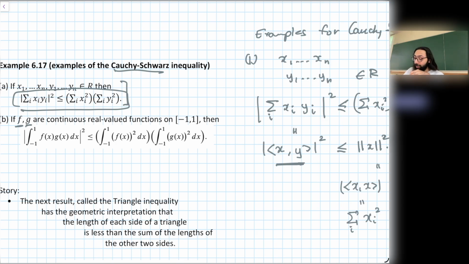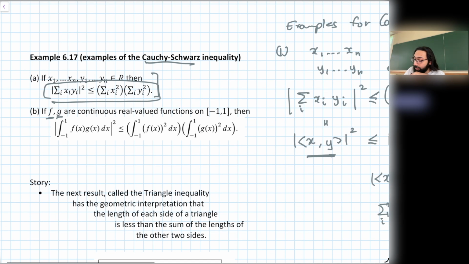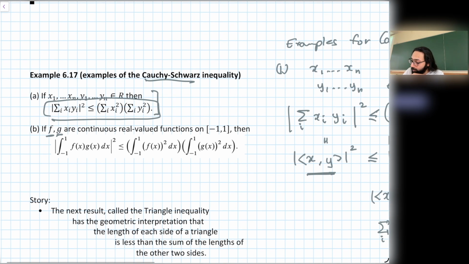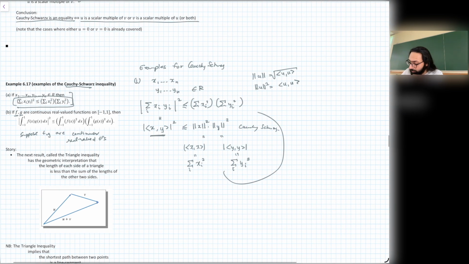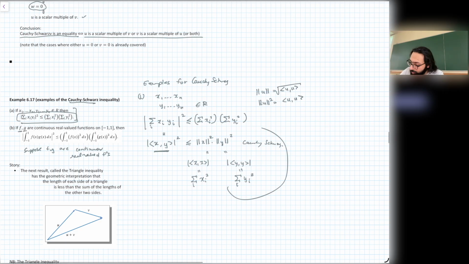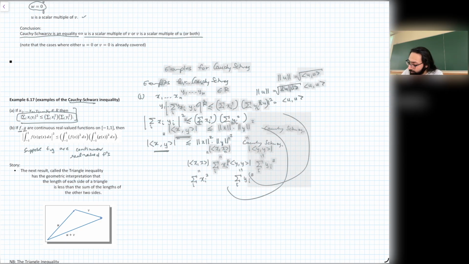Okay, so now let's look at a slightly more interesting example. So in this example, we're going to say suppose f and g are continuous real valued functions. Yeah, give me a second. Let me just make a little bit more space here.